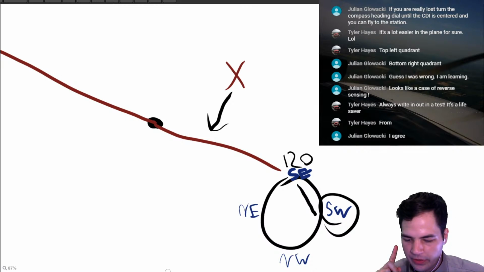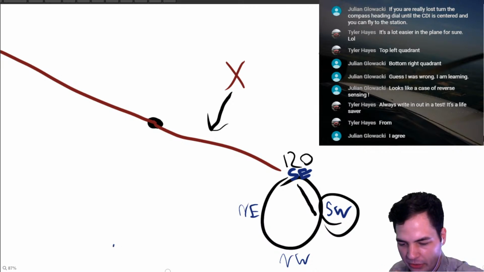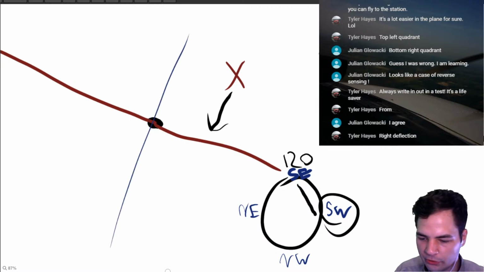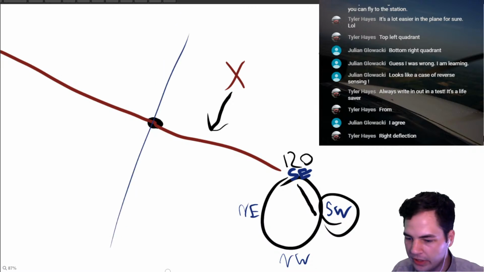And then the to-from flag. So some of you, Tyler was getting ahead of me there. He's got some answers there, but I'll walk through it. So we have our to-from line there, 90 degrees off the radial.